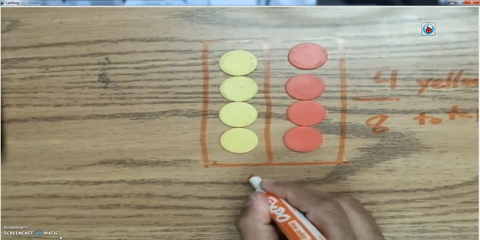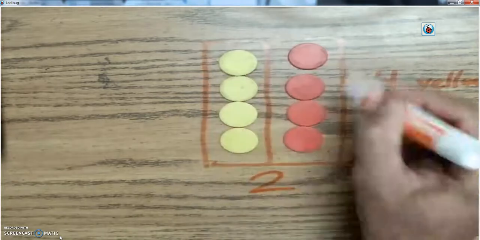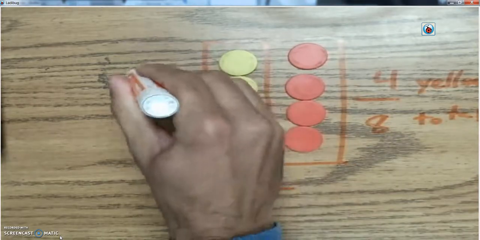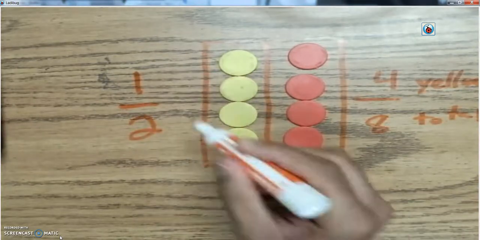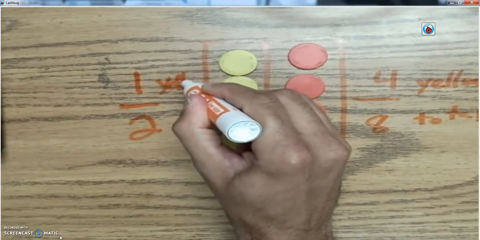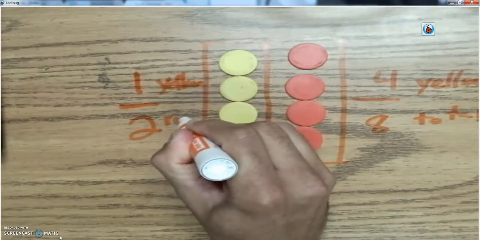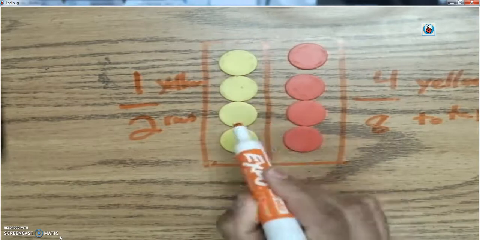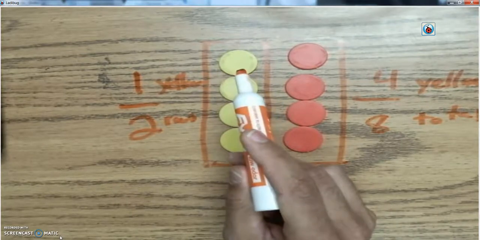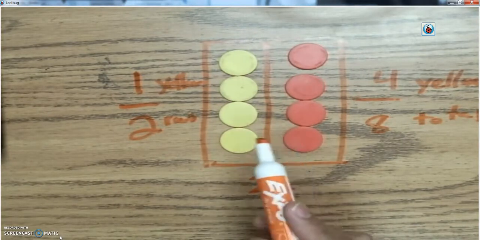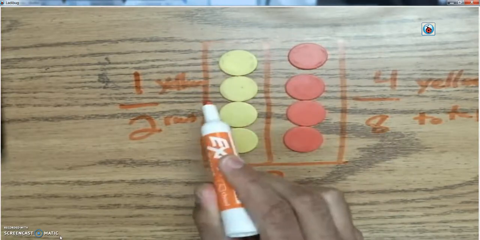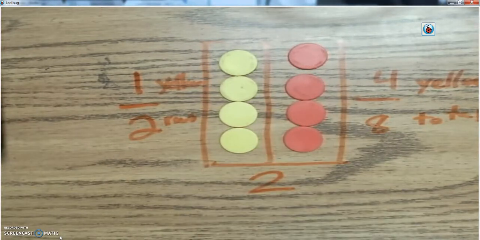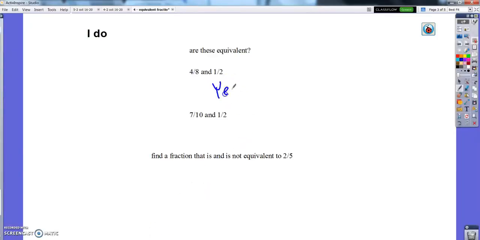There are 2 rows, and 1 out of the 2 rows is yellow. 1 yellow row out of 2 rows. And so when I look at this, I can see 4 out of 8, or I can see 1 yellow row out of 2 rows, which means they are equivalent. Yes.